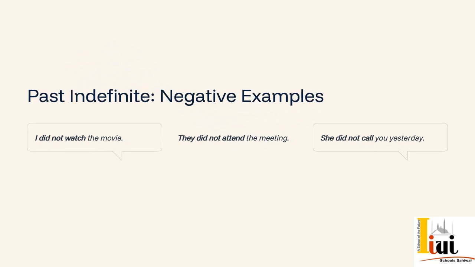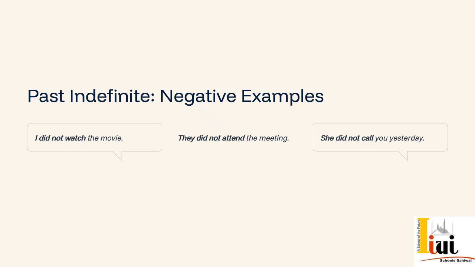There are some examples of negative tense. I did not watch the movie. So we add did. This is already the second form of verb. Did is the irregular verb of do.